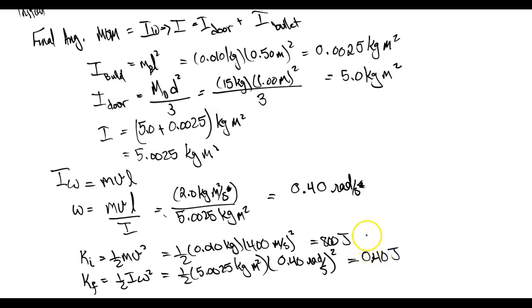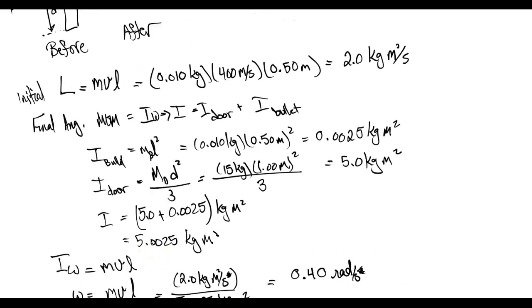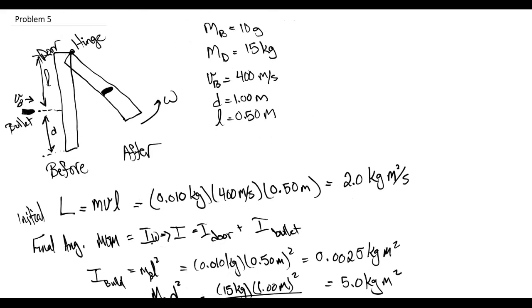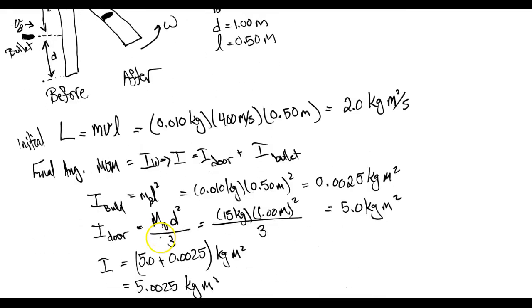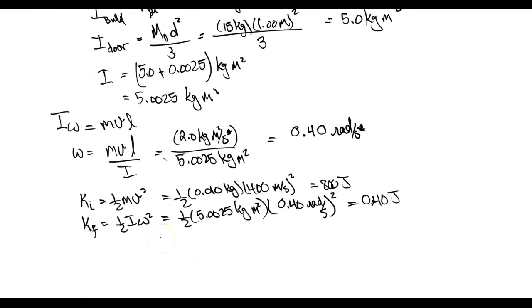It is not surprising that the kinetic energy is not conserved. We should have known that from the beginning, because this is an inelastic collision, right? In inelastic collisions, we know kinetic energy is not conserved.